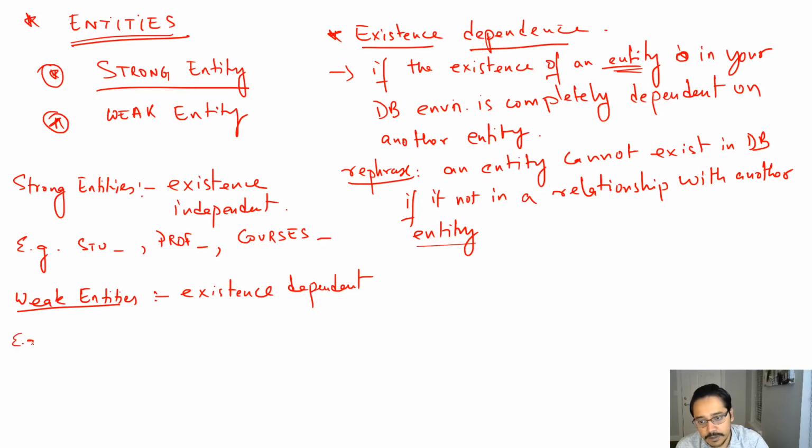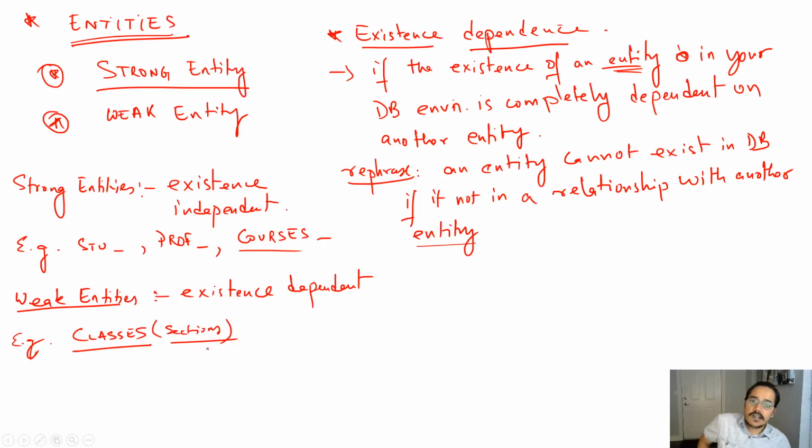An example of that will be classes. Classes are for a particular course, and I'm talking about class sections, right? The different sections of the course that you offer. There won't be any classes of a particular course offering if there are no courses to begin with, right?